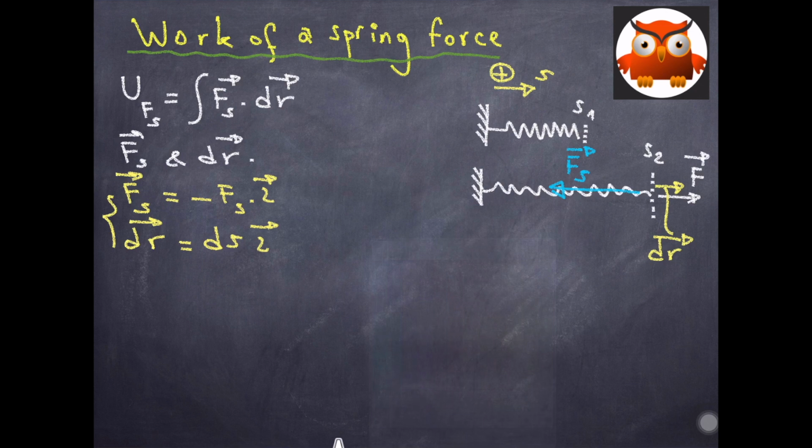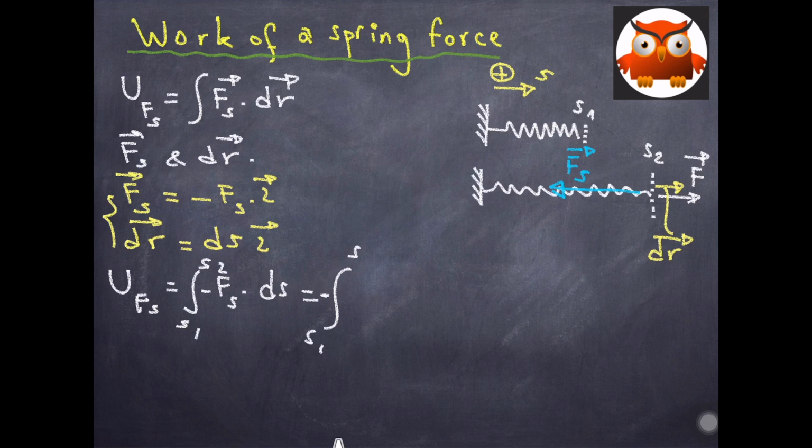Now we can evaluate the integral, so UFS will be equal to minus Fs times ds, because this dot product i times i is 1, between S1 and S2. Now we can put the negative sign outside the integral between S1 and S2.